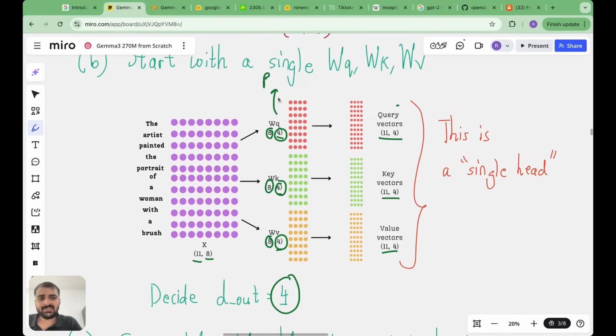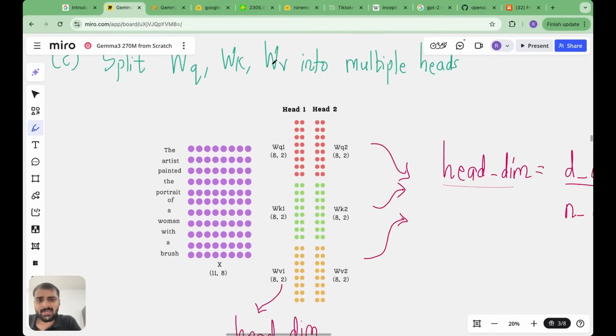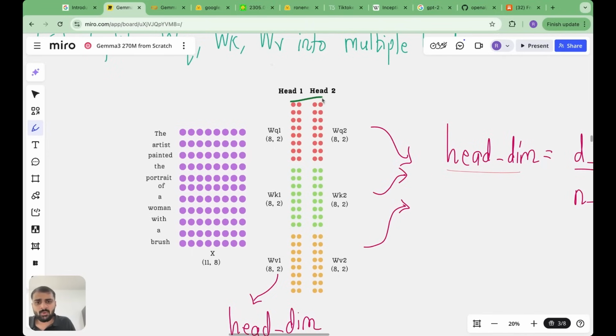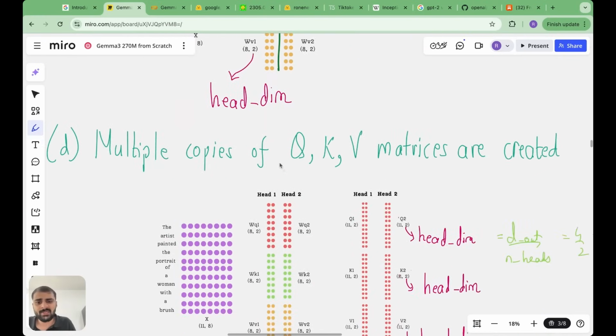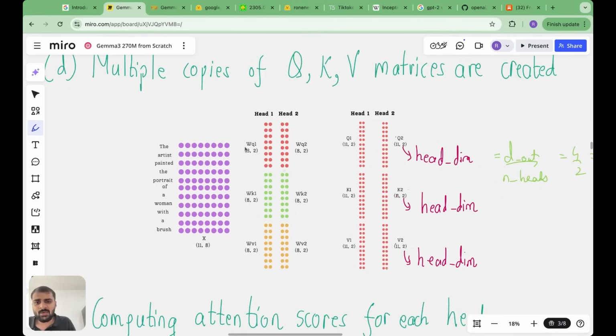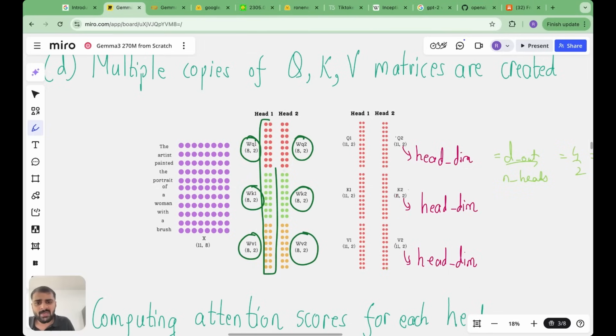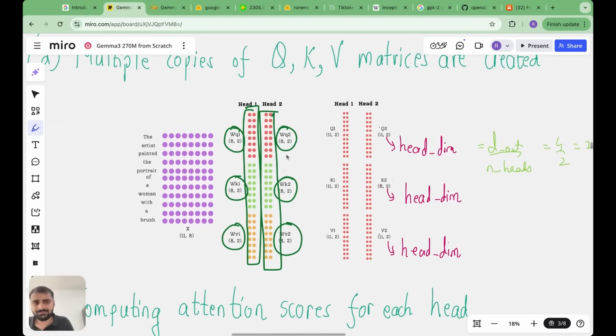Now, what I have just shown you is single head attention. In multi-head attention, the trainable query matrix is split into two heads, the trainable key matrix is split into two heads, and the trainable value matrix is also split into two heads. So when you multiply X, you now have WQ1, WQ2, WK1, WK2, WV1, WV2. These are the queries, keys, and values of head number 1, and these are the queries, keys, and values of head number 2.